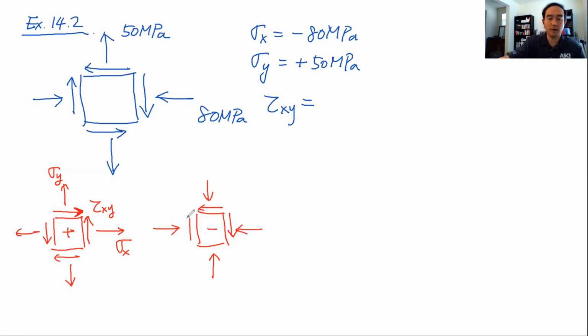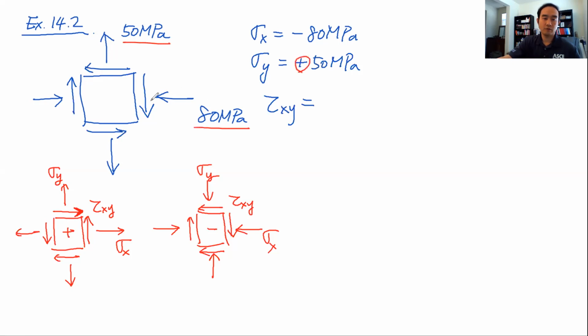So that will automatically determine the other two stresses. This is the negative direction of tau xy, sigma y and sigma x. So these are all negative, and these are all positive. This is the sign convention for this stress block. Based on this sign convention, we can easily say that this 50 megapascal will have a positive sign.